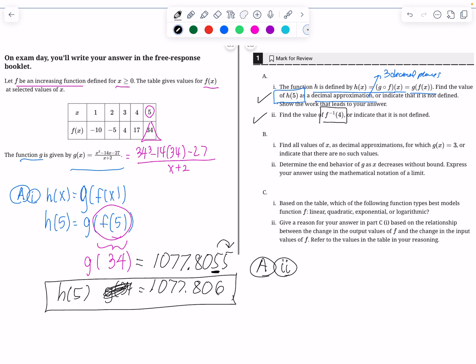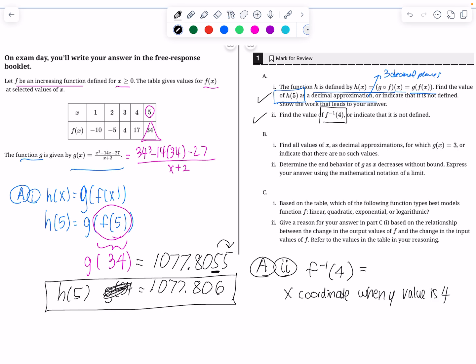So first of all, whenever we're talking about inverse, the y becomes the x, and the x becomes the y, right? We're switching. So just like that, when you want to find the inverse of 4, you're really finding the x coordinate when the y value is 4.